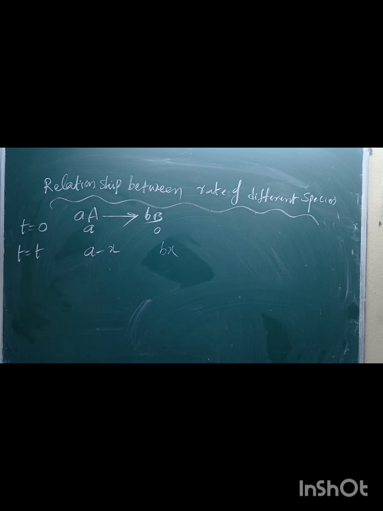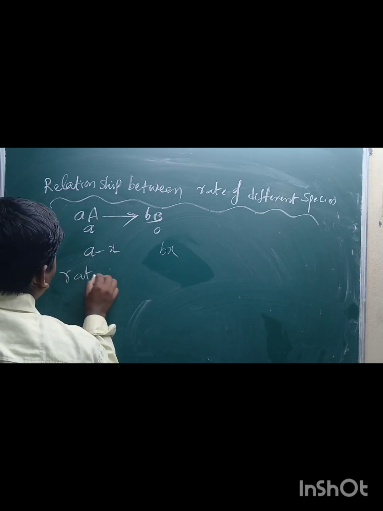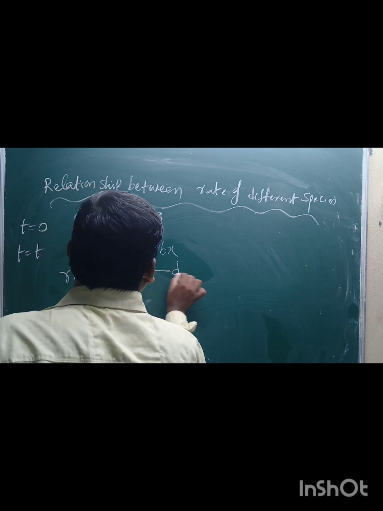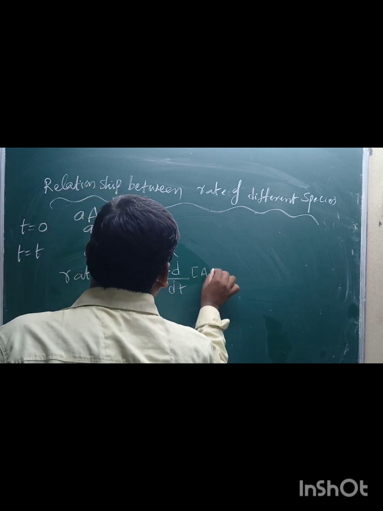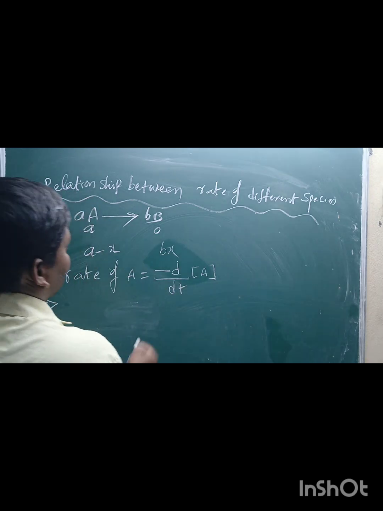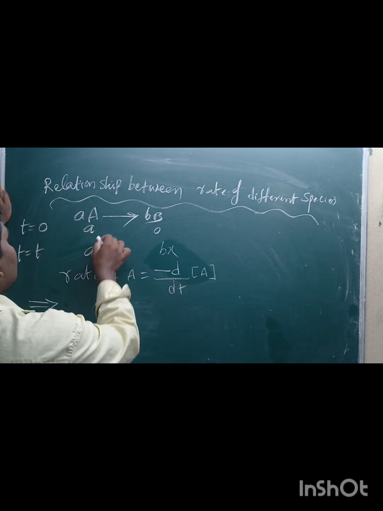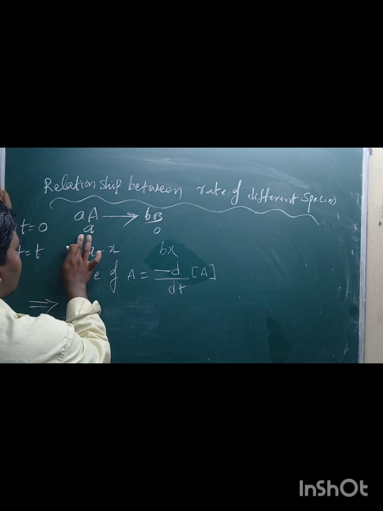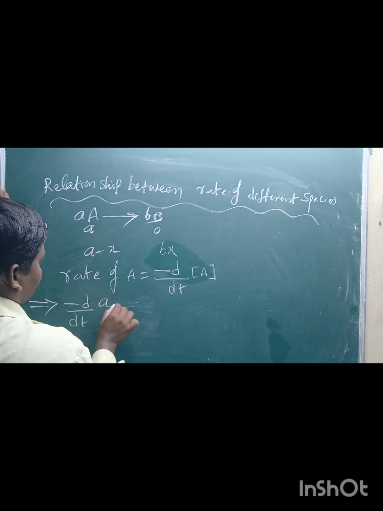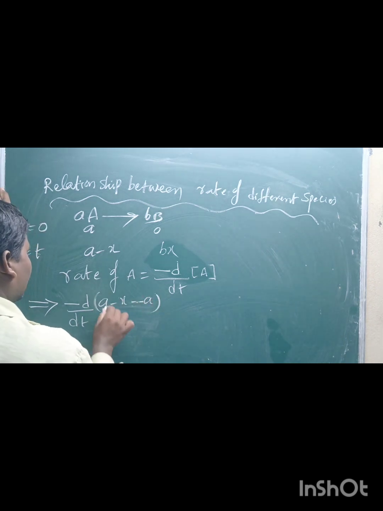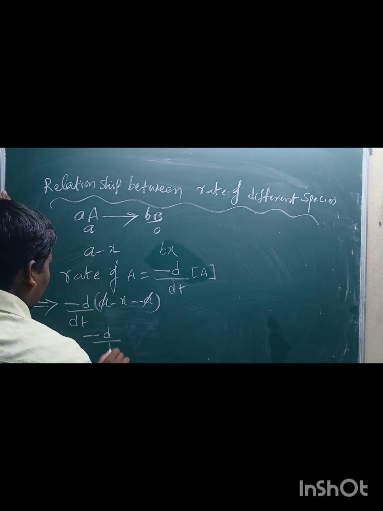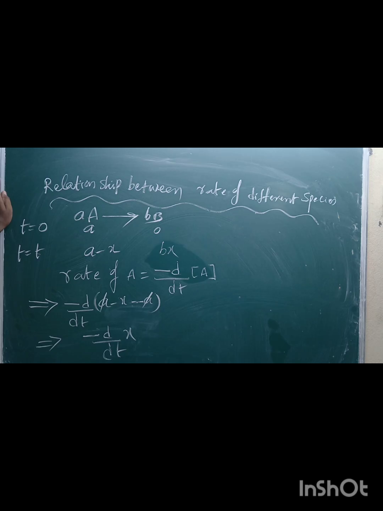Now, rate with respect to A. Rate of A is nothing but minus d by dt of concentration of A. Here you can observe: initial concentration, final concentration. Minus d by dt of (a minus x) minus of a. Plus a minus a gets cancelled. Minus d by dt of x is there.